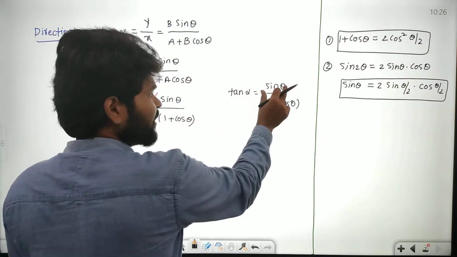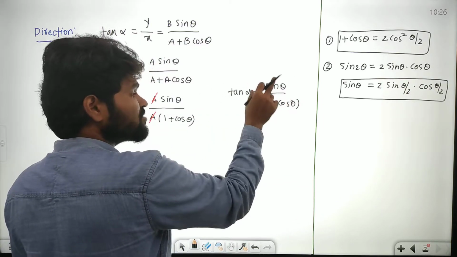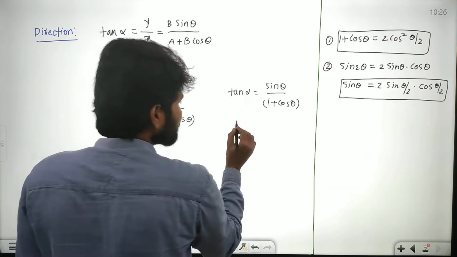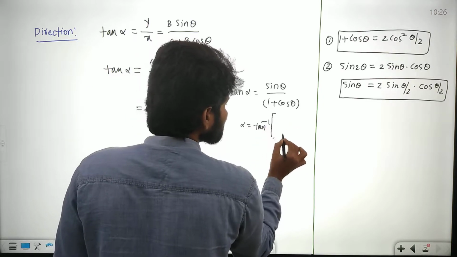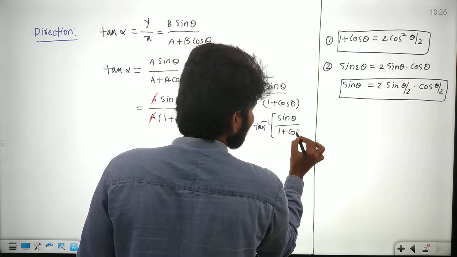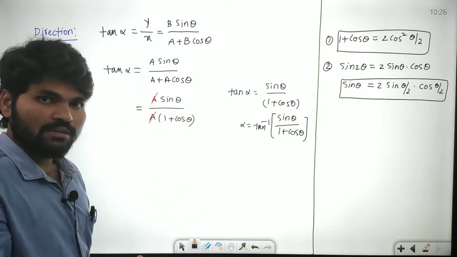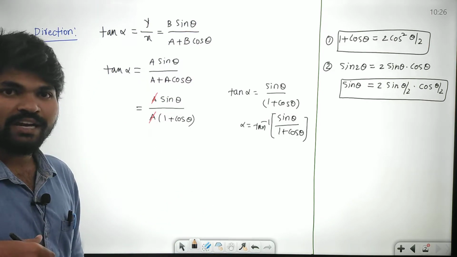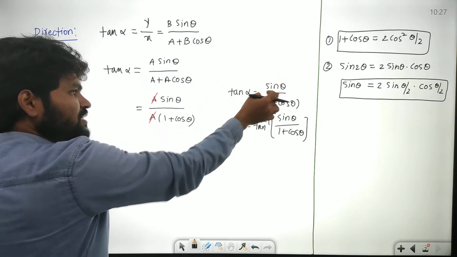If you know the trigonometric function calculations, then only will you be able to substitute the extra values and get the exact value of alpha. So the angle can be written as tan inverse of sin theta divided by 1 plus cos theta. This is an okay answer, not perfect, but we are mathematicians, we are physics students, right? We need to substitute the exact values in these terms.